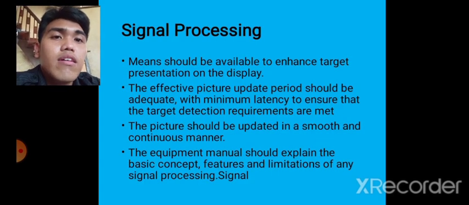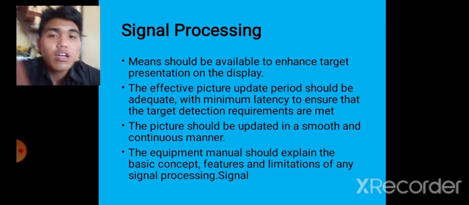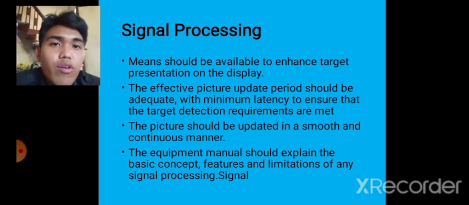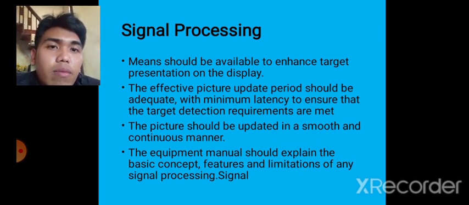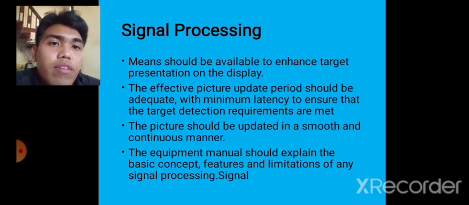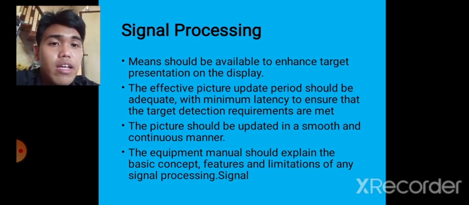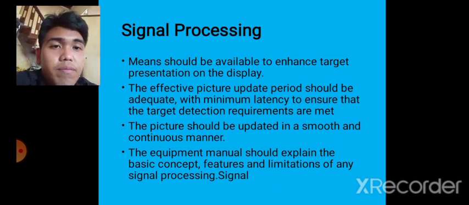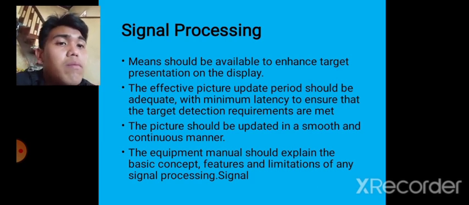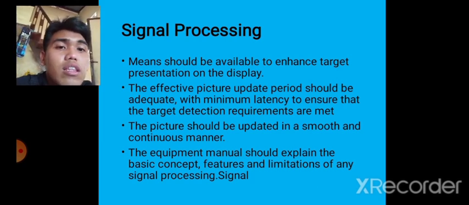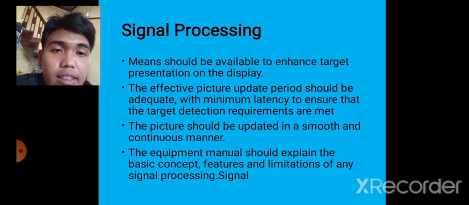Next, signal processing. According to IMO standards, MSC 19279, means should be available to enhance the target presentation on the display. The effective picture update period should be adequate with minimum latency to ensure that the target detection requirements are met.